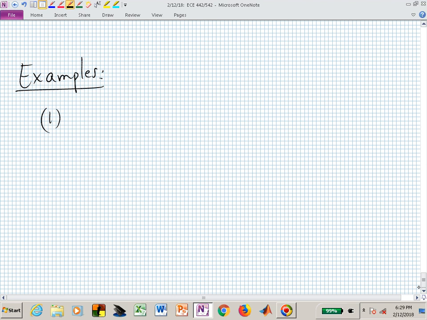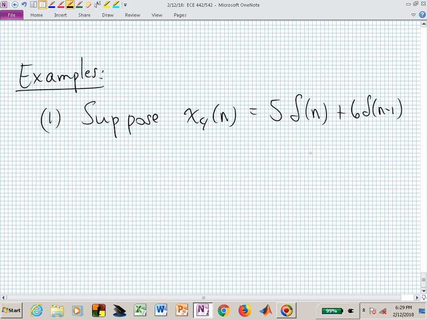First, suppose, I think we're up to sequence 4, x sub 4 of n is 5 delta of n plus 6 delta of n minus 1 plus 7 delta of n minus 2. Suppose that is x sub 4 of n.